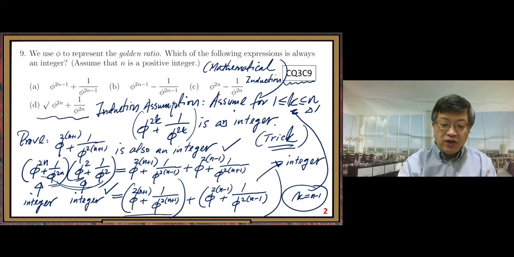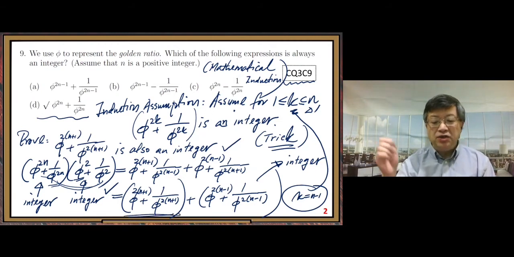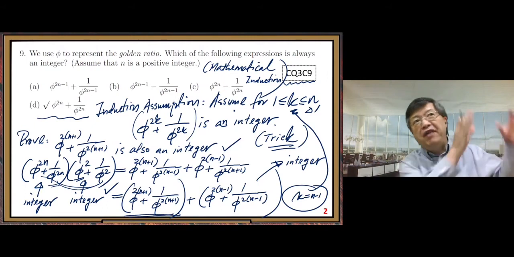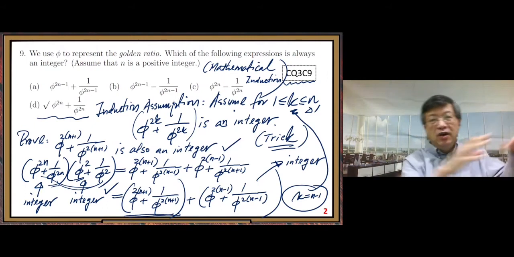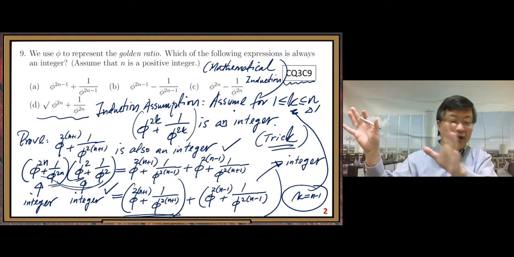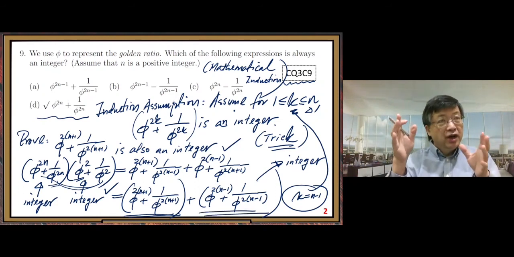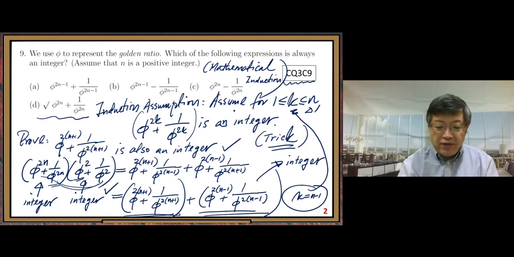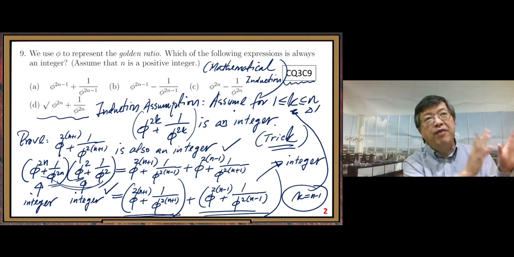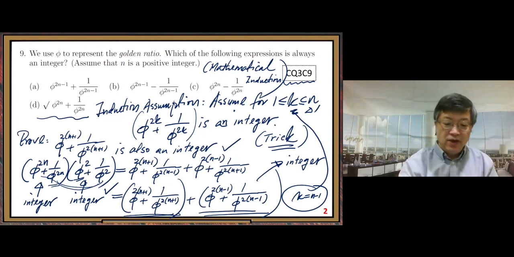Then the first parenthesis must be integer. Why? Because left-hand side integer, right-hand side should be integer, right? And right-hand side, the second parenthesis integer. If you subtract the second parenthesis from the left-hand side, you get the first parenthesis integer. So the conclusion is the first parenthesis integer.